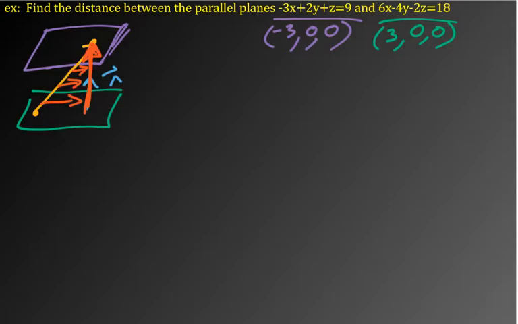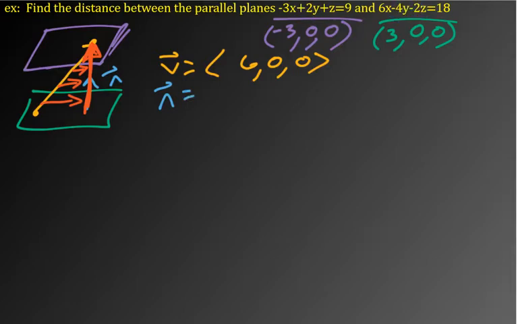And so the yellow vector that is going to go between the planes on a diagonal could be, let's see, negative 3 minus 3, so negative 6, and then 0, 0. Actually, I don't like negatives, so I'm going to do 3 minus negative 3 and make it positive. And then the normal, you can really pick either of these.